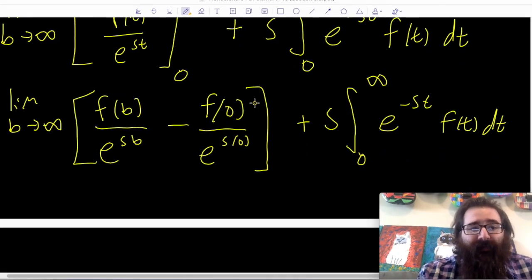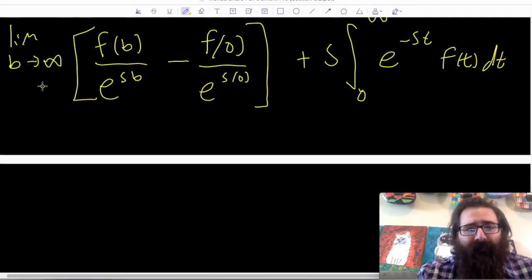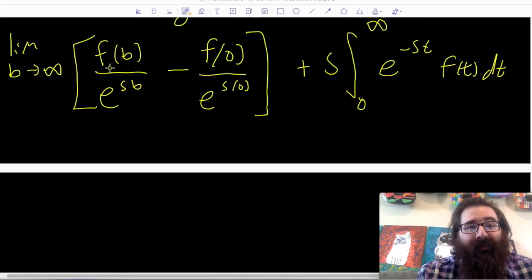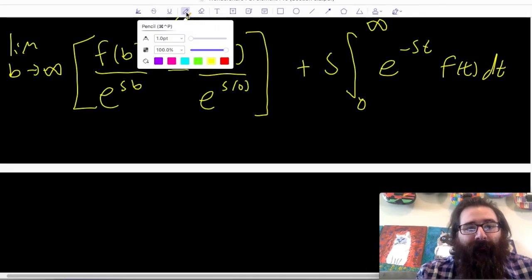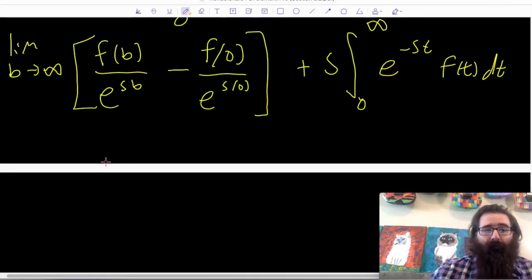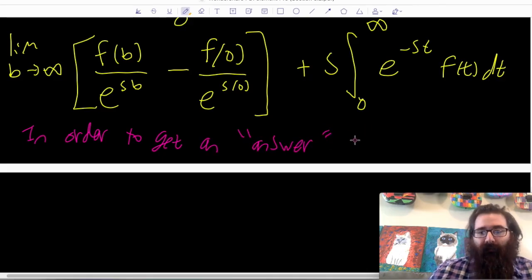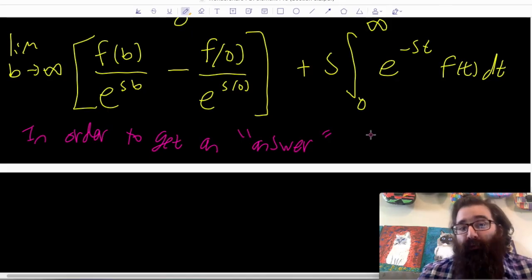Now there's a few comments that I want to make here. This limit as b goes to infinity really only affects this first term, since that's the term that has b in it. And we could say the following. In order to get an "answer," I'll put answer in quotations here, because the idea is we want something usable, right?